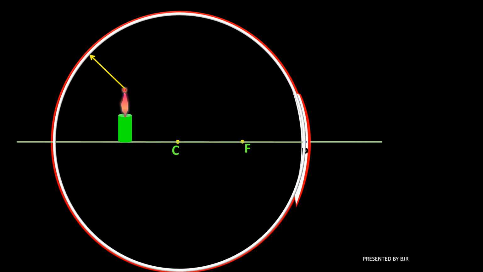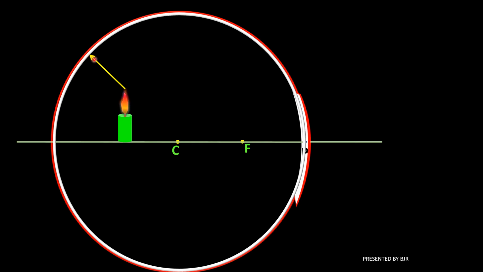Of course, so many rays will go in all the directions, and particularly I am taking this ray. What we have to do here? This is also a mirror. So we have to draw the normal at this point, because this ray is incident here, and if you draw the normal, then what we have to do?